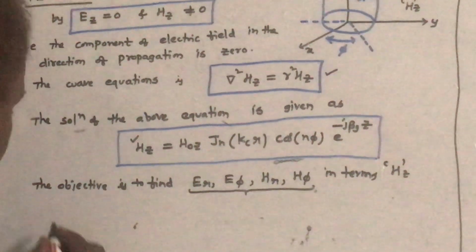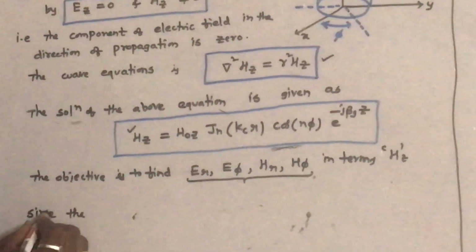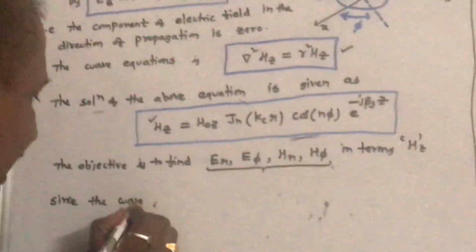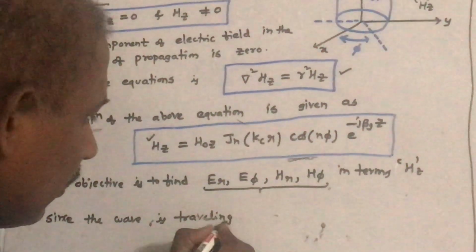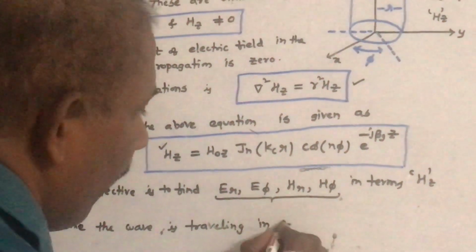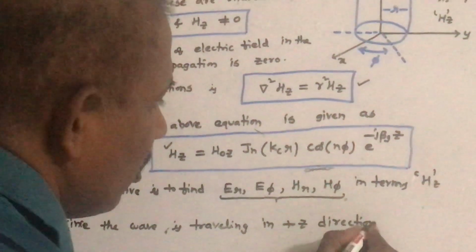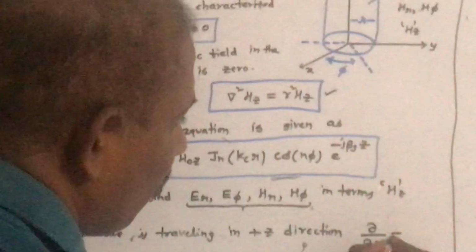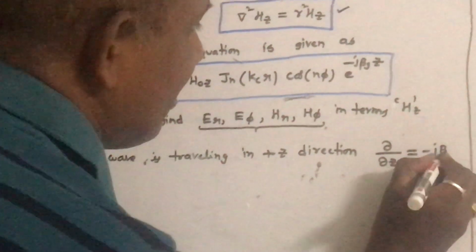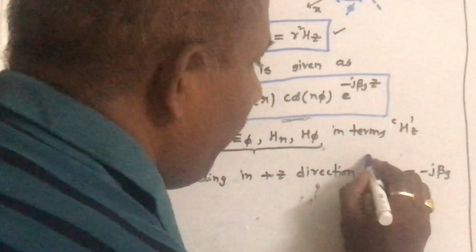So before that, since the wave is traveling in positive z direction, as I have mentioned earlier, replace dou by dou z with minus j beta suffix g. So this is another substitution we have to make.